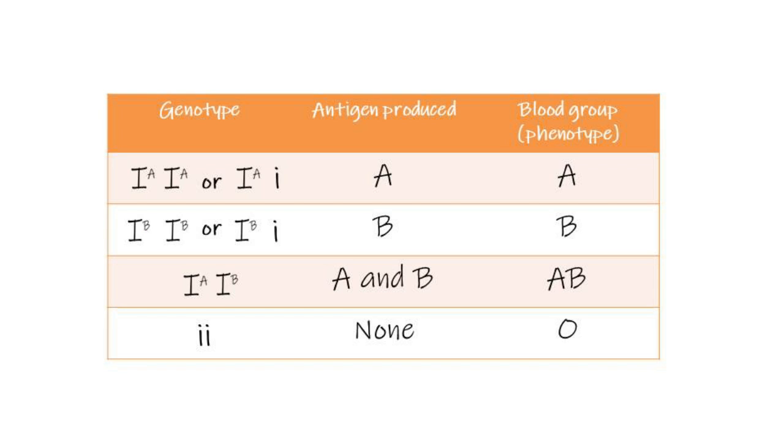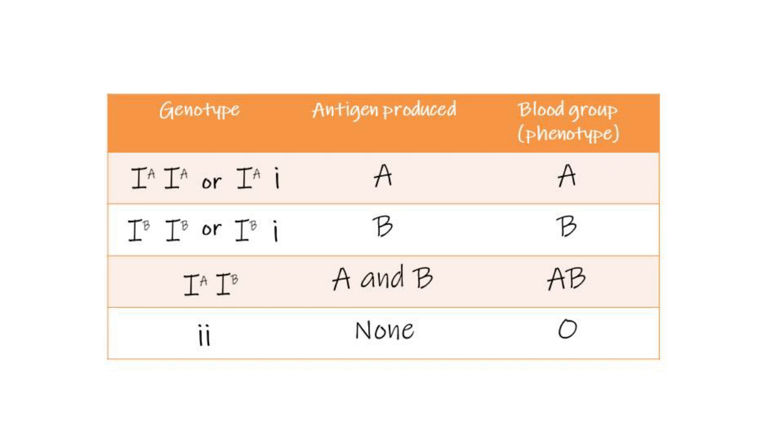With genotype I^A I^A or I^A i, the antigen produced will be A and the blood group will also be A. On the other hand, if we have genotype I^B I^B or I^B i, the antigen produced will be B and the blood group will be B. However, if we have genotype I^A I^B, the antigens produced will be A and B, and therefore the blood group will be AB.